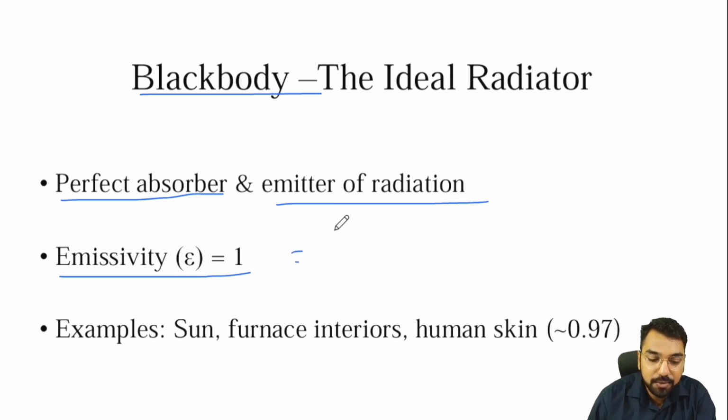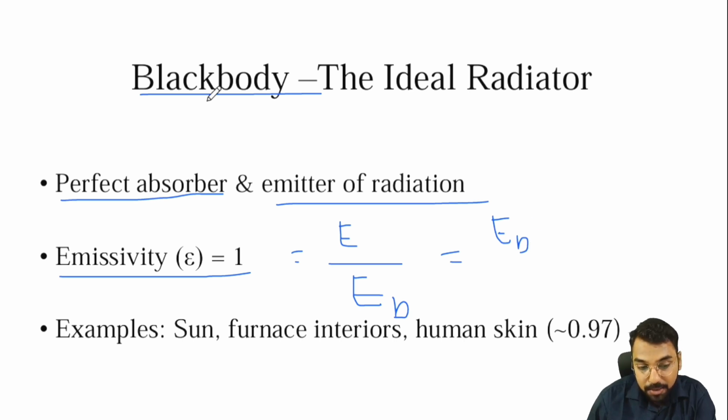Emissivity is equal to the emissive power of any object divided by the emissive power of a black body, and for the black body itself, the object is the black body divided by the emissive power of the black body.